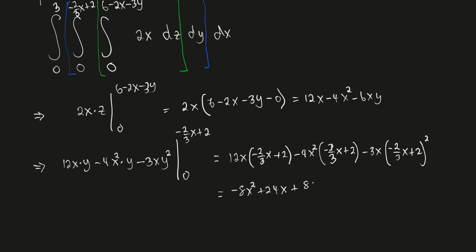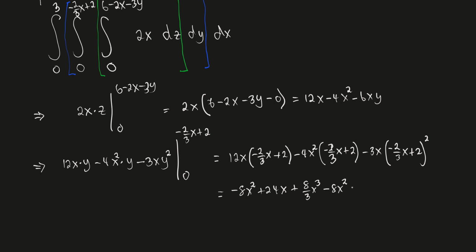So let's just write it 8 thirds x cubed. And then negative 8x squared. And then positive 2x squared. Oh, wait, no. We got to FOIL first. We have to FOIL.